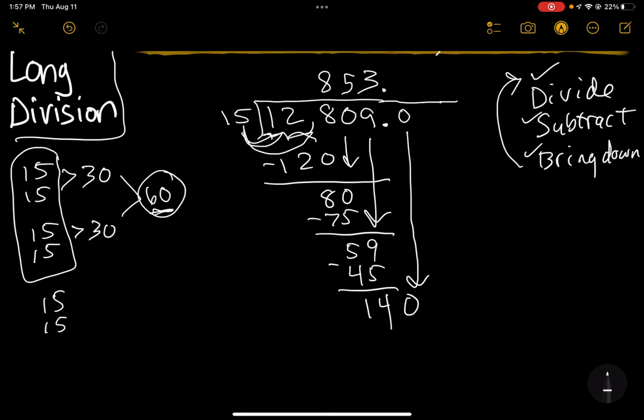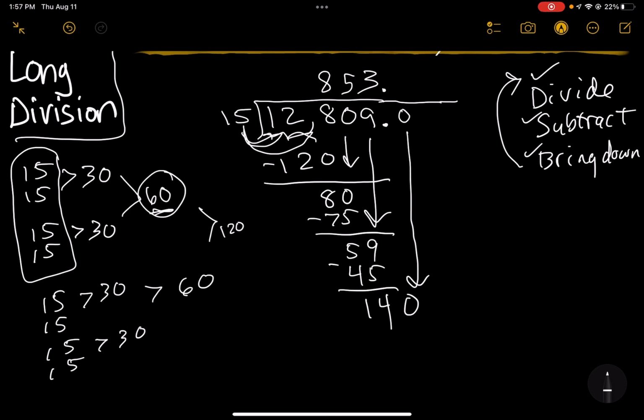Remember we said if we doubled the 60, we get to 120. So 8 of the 15s gave me 120, right? So let's see about this. 60 and 60 is 120. If I add another 15 to that, I get to 135.